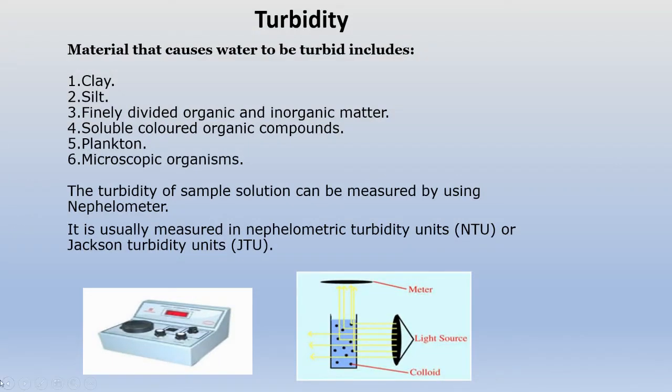So in the diagram, you can see the nephelometer, which contains the light source. The light falls on the colloidal solution, and the light is scattered by the sample solution.